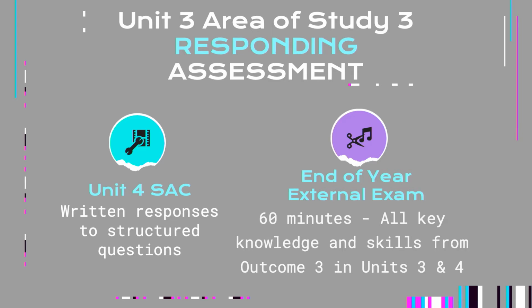So, Unit 4, Area of Study 3, that's a typo. There's a Unit 4 SAC, which is written responses to structured questions. And then the end of year external examination, 60 minutes. So it's slightly shorter, but the change there is that we're only dealing with compositional devices and elements of music.